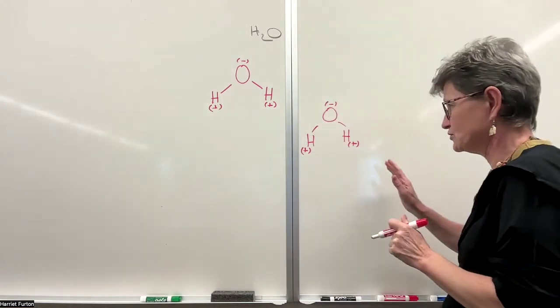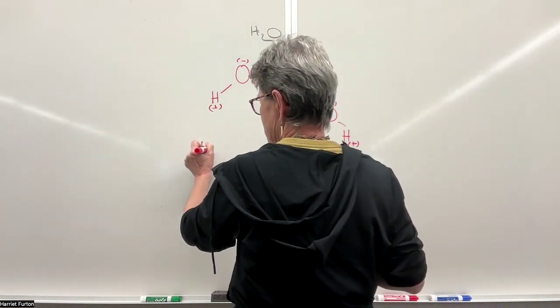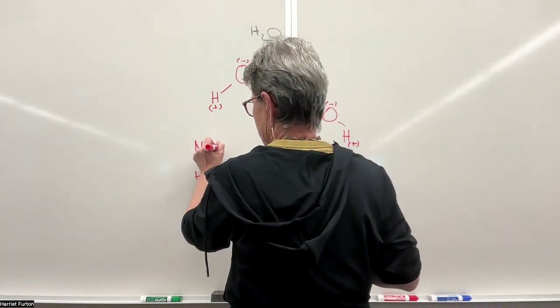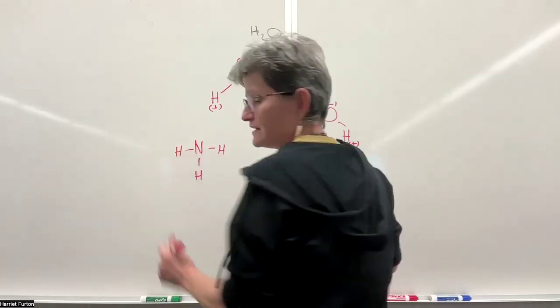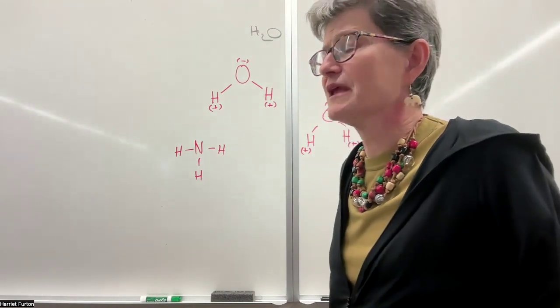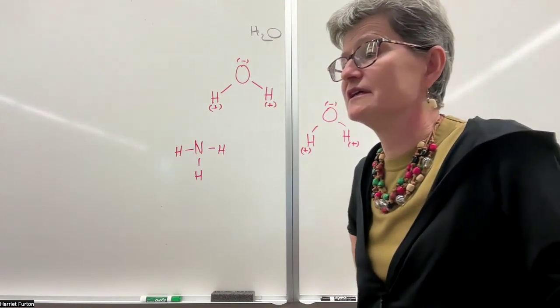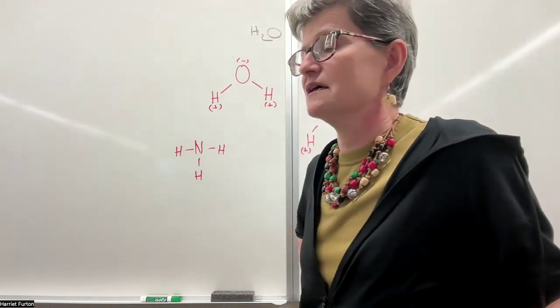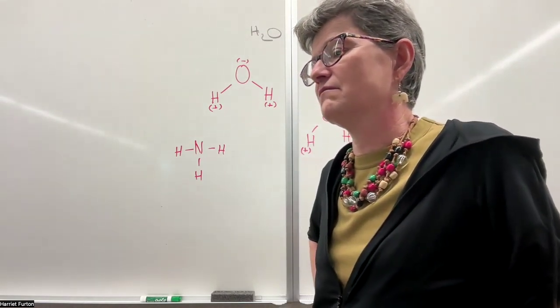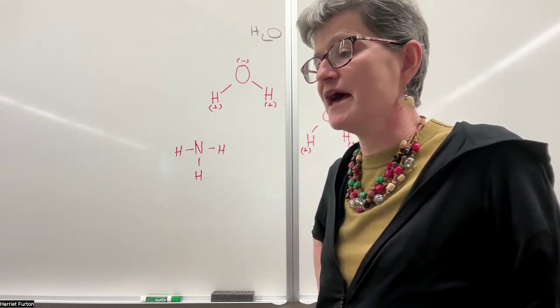We have 2 ammonia molecules, nitrogen with hydrogen, hydrogen and hydrogen. The nitrogen's electronegativity is 3 and the hydrogen is 2.1, so the difference is 0.9.